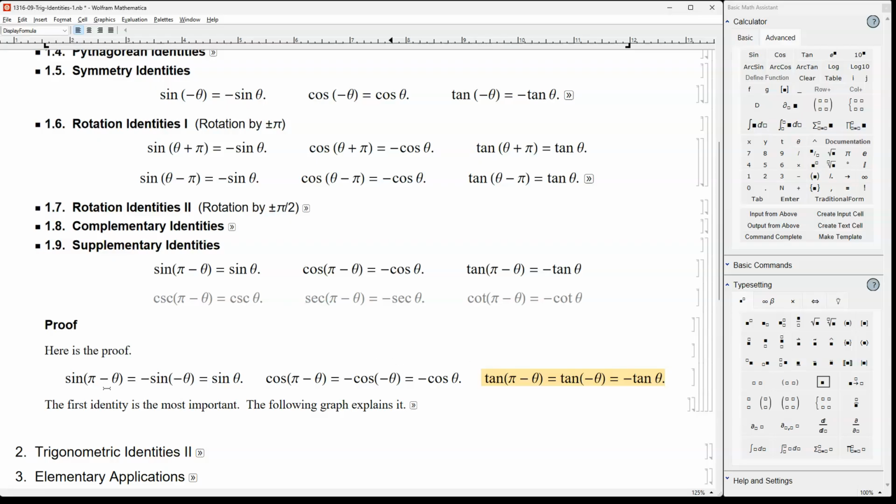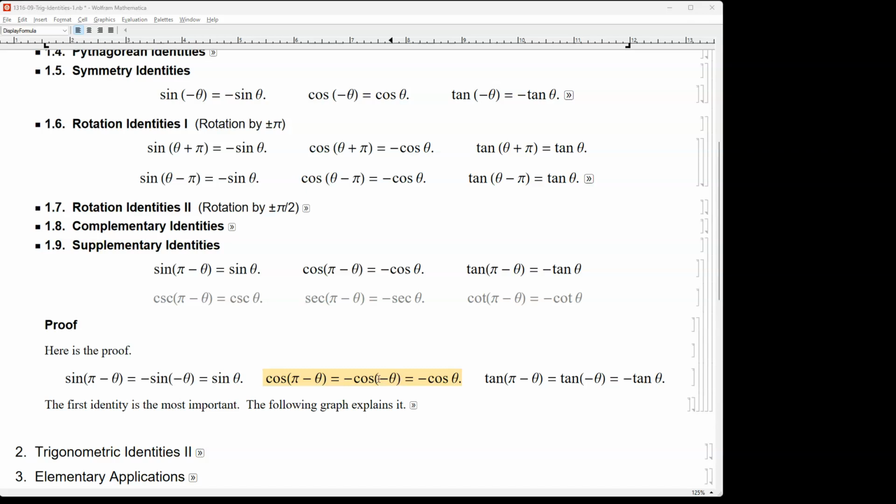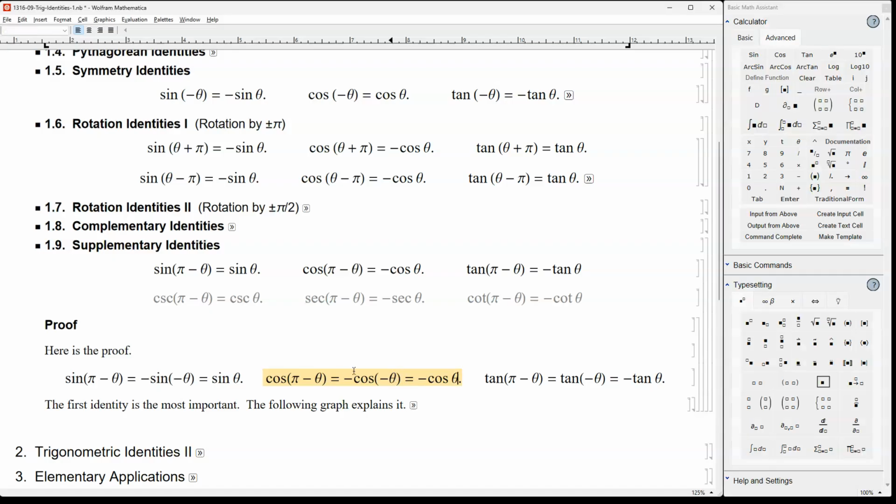Okay, sine of pi minus theta, and then let's take pi away, then negative theta remains, and then because of this we have negative. Likewise, subtract pi away, then cosine becomes negative cosine, and then cosine of negative theta stays as cosine of theta, so the first negative does not go away.